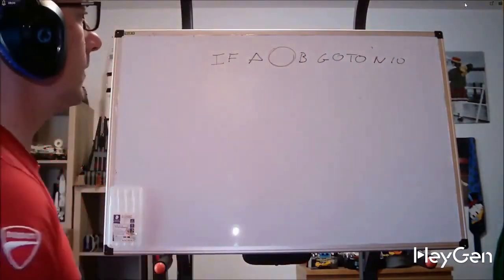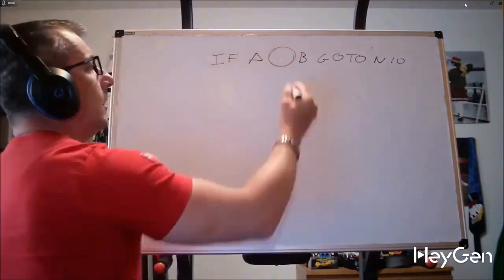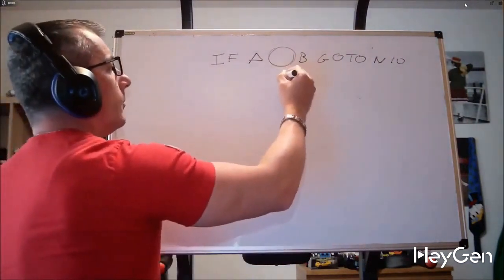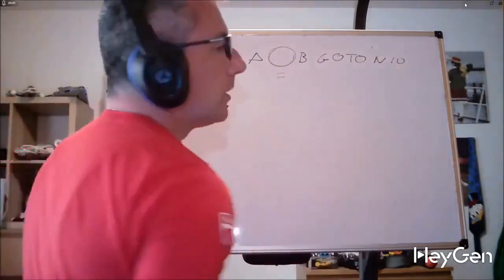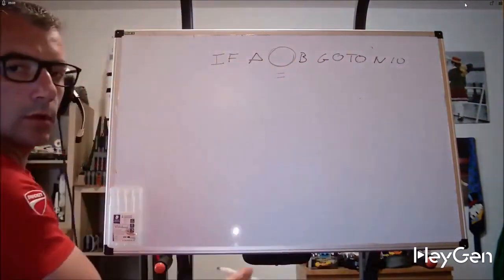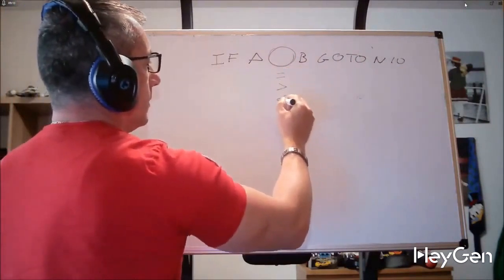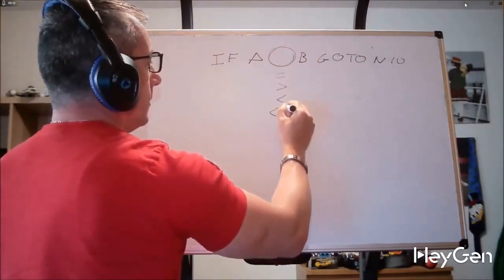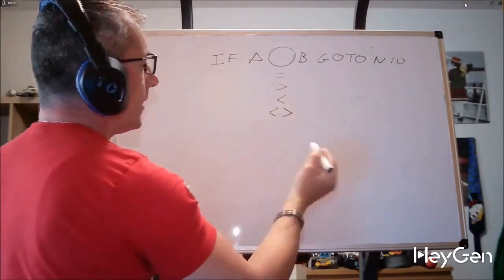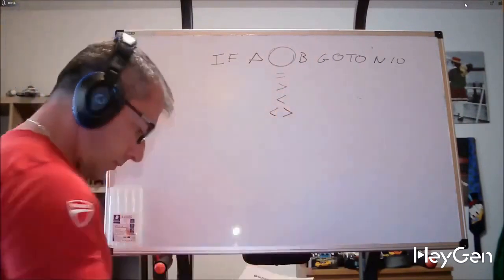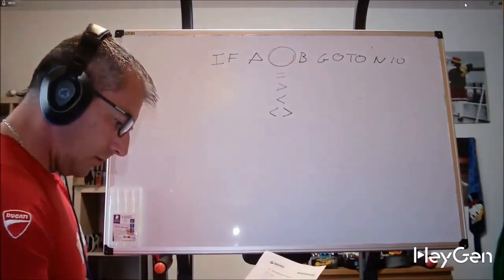If A is greater than or less than, greater than or equal to or different, then we check if there's another greater than or equal to or less than or equal to.